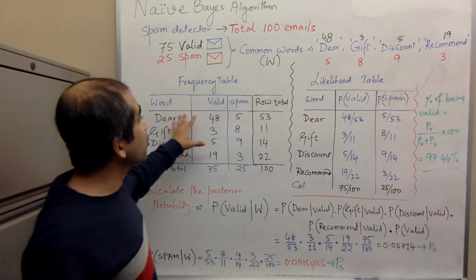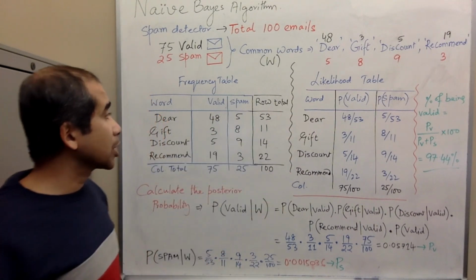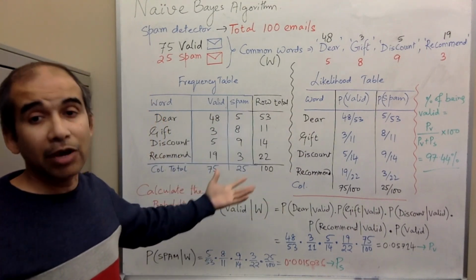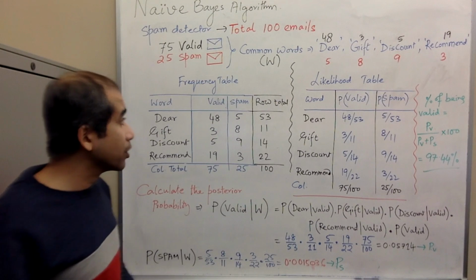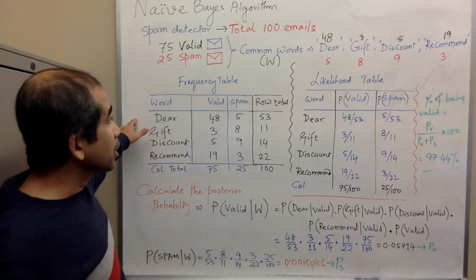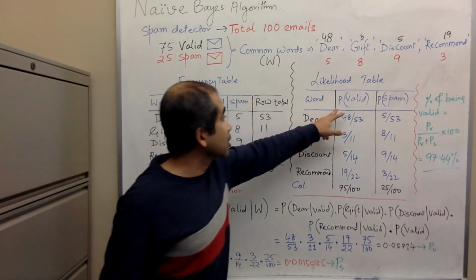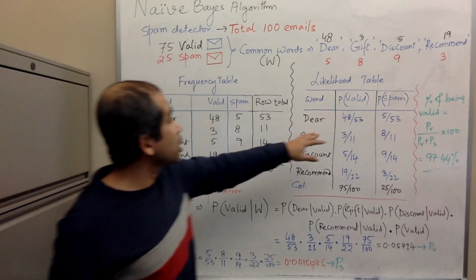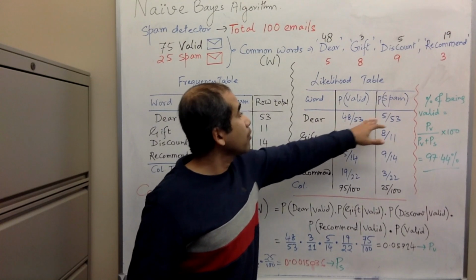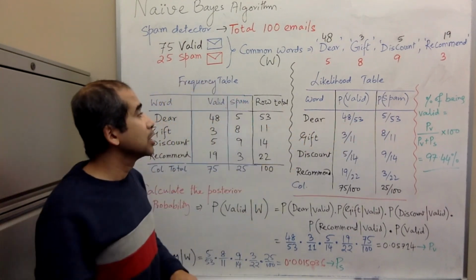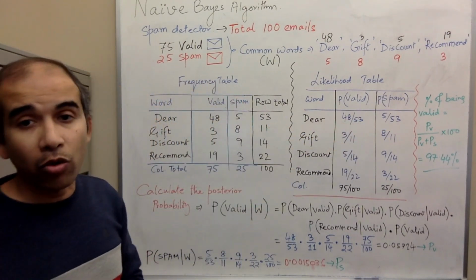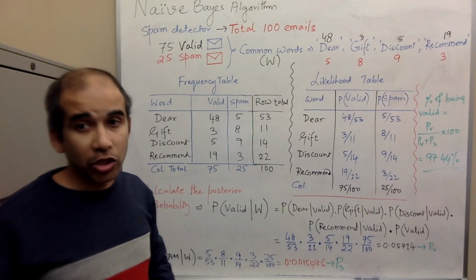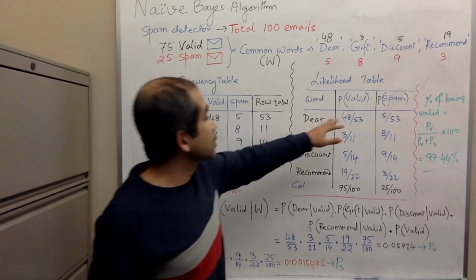Now, from this frequency table, we create the likelihood table, where we calculate, based on the given data, the likelihood of appearance of dear, which is the probability in a valid message and the probability in a spam message. So 48 times out of a total 53 times, the word dear appeared in a valid message, and 5 times it appeared in a spam message.